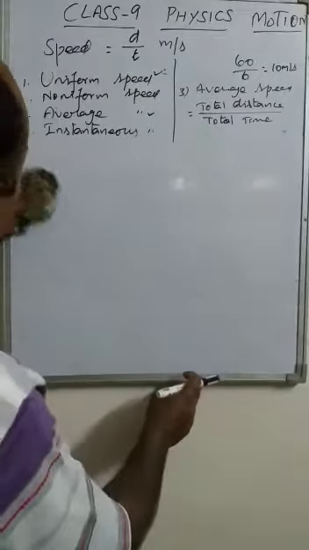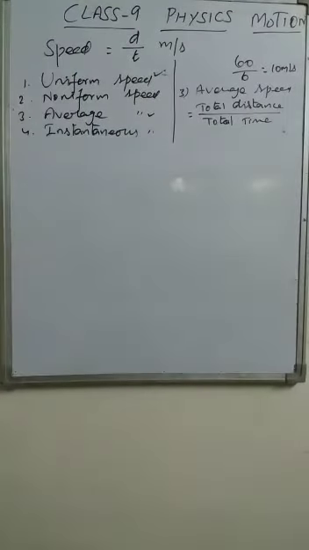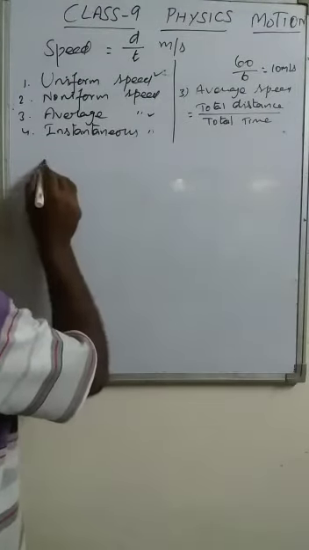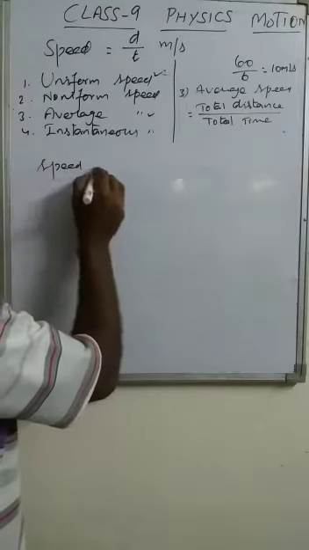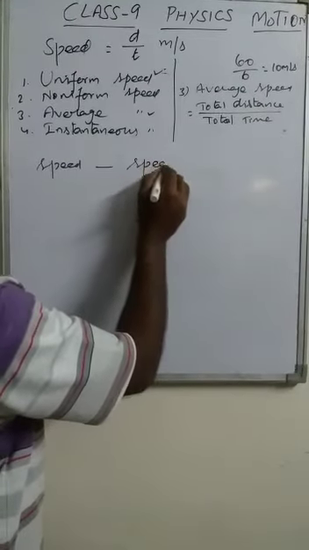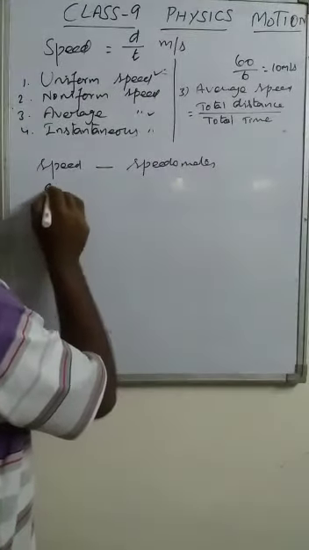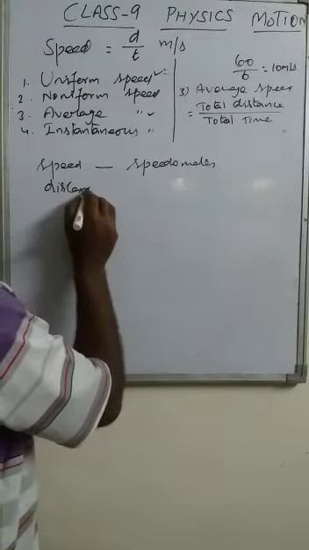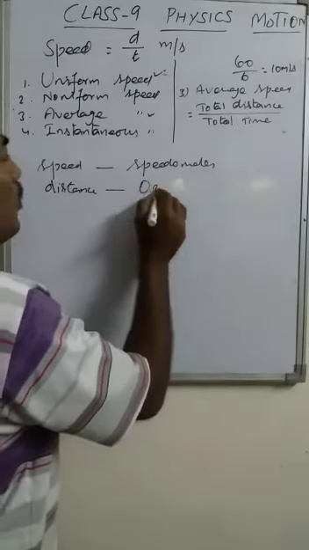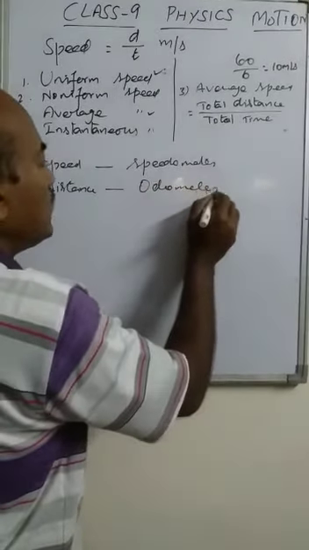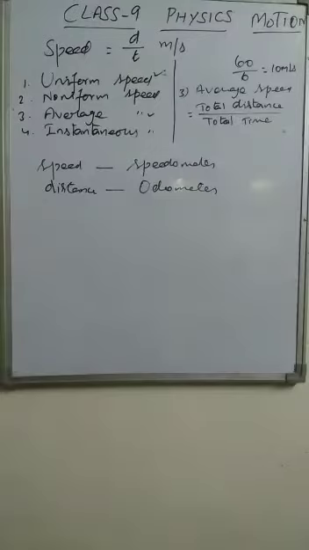In the earlier class it was also discussed that the speed is measured by the speedometer. The distance traveled is measured by the odometer. These are the two devices built into the vehicle itself.